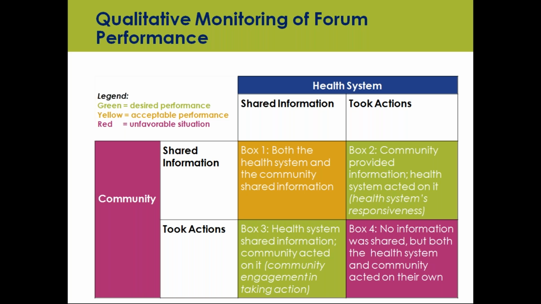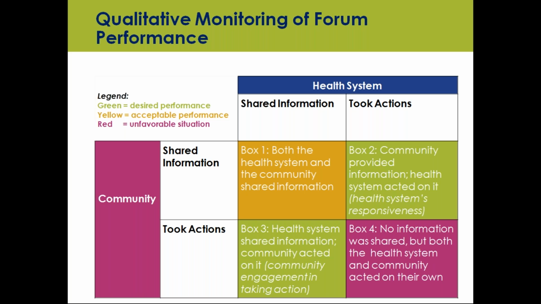What we are promoting here is that community shares information and the health system takes the action, as well as the health system shares information and the community takes actions. So those are the green boxes, box number 2 and box 3. These are the most desired performance, and that's what needs to be promoted.